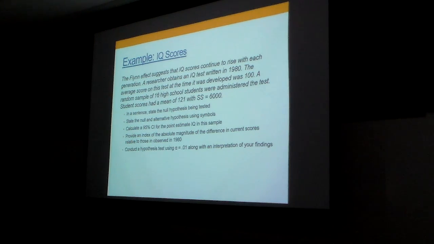Okay. All right, so if we wanted to real quickly calculate our test statistic, we would take 121 minus 100, and we would divide that by 20 divided by the square root of 16. What's my test statistic going to be? 4.2.